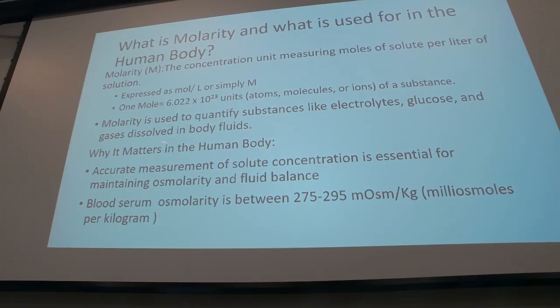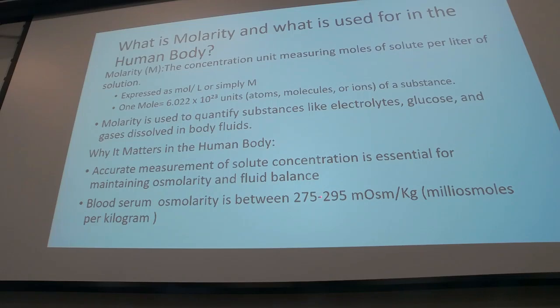Anyway, so molarity then is used to quantify substances in the body like electrolytes, glucose, or gases dissolved in body fluids. So why does it matter? Well, because we regulate homeostasis with sensors called osmoreceptors that detect the osmolarity of our plasma.